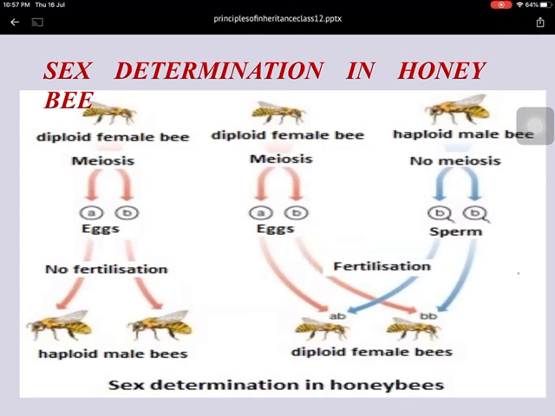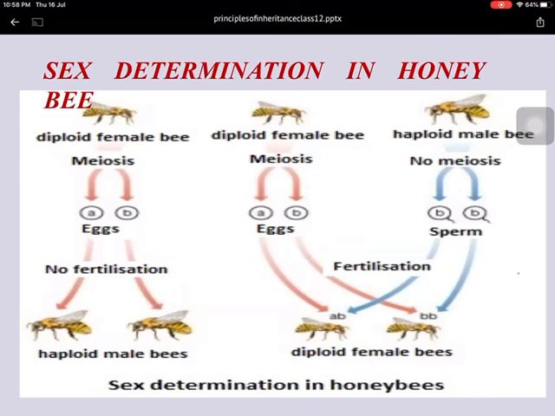A diploid female gives gametes after meiosis division, that means the egg is produced, but male is haploid, so here no meiosis division takes place. What type of division takes place?